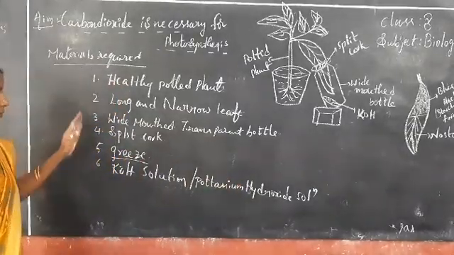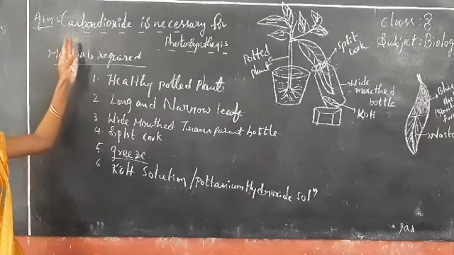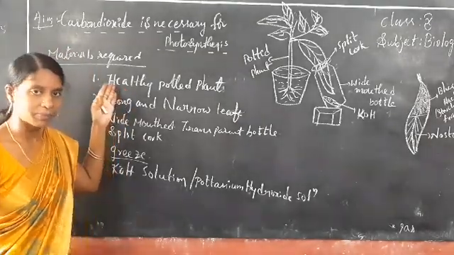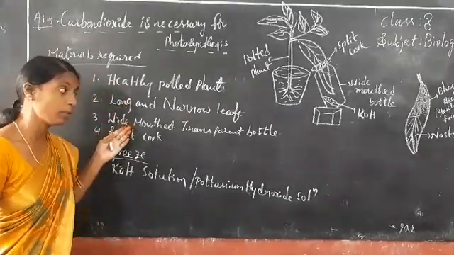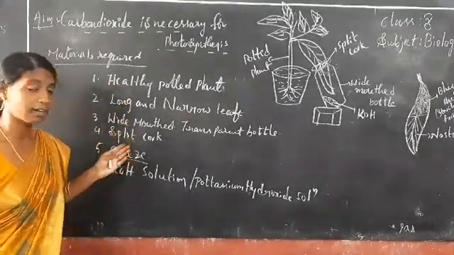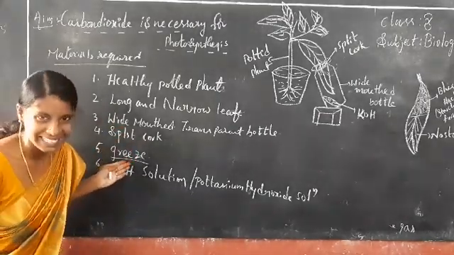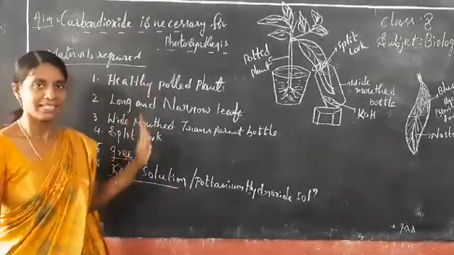So there are basically six materials required for this experiment. One is a healthy potted plant. From the healthy potted plant, we select a long and narrow leaf, and a wide-mouthed transparent bottle, and a cork in split position, as well as grease, and finally KOH solution. So these are the main materials required.